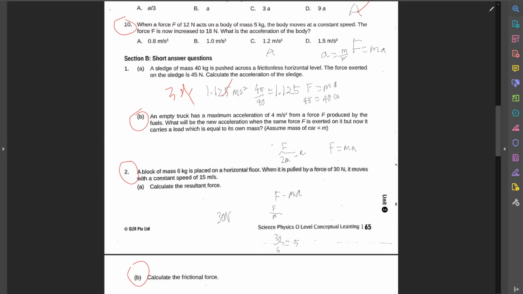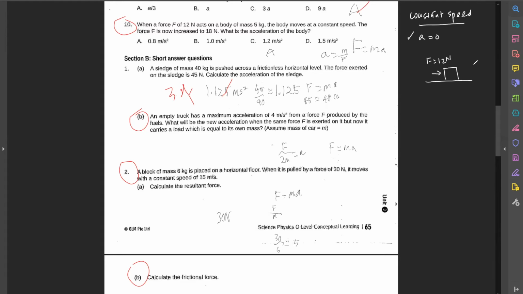Okay, so the point that I made the last time was the idea of constant speed. When there's constant speed, acceleration is zero, right? Then the second thing is we draw the scenario.